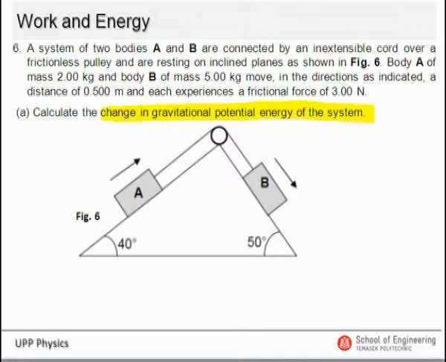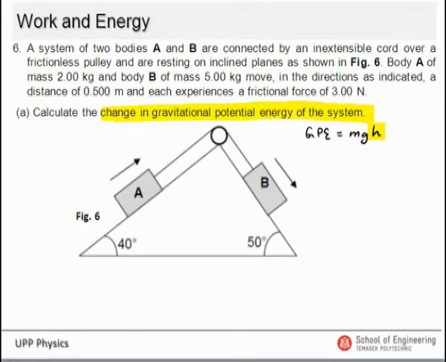And since we know that the formula for GPE is equal to mgh, it's very crucial that we find the change in height for both body A and B after sliding. So let's proceed to find this change in height for body A and B.